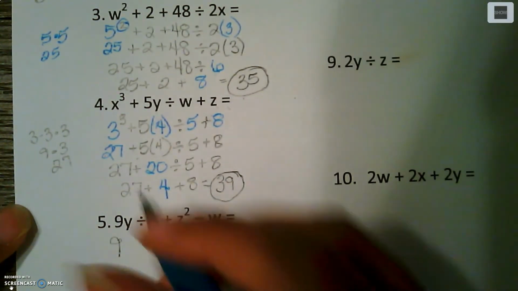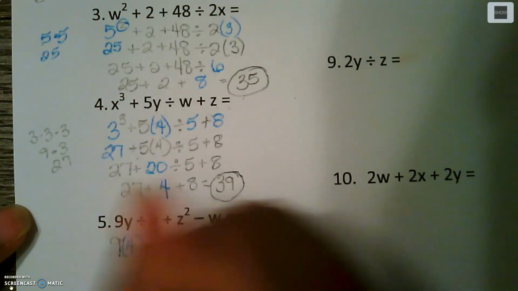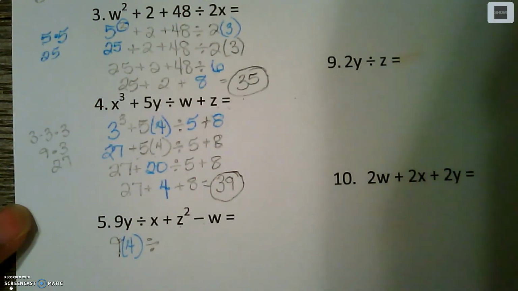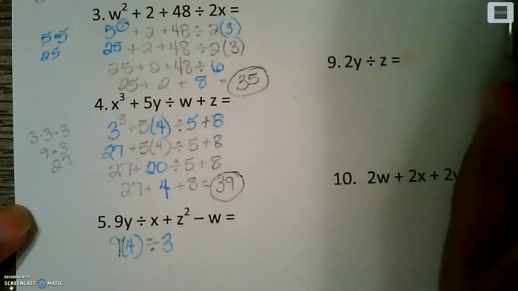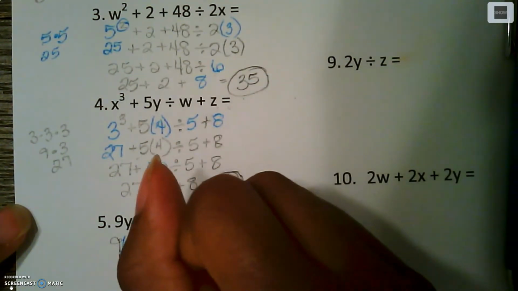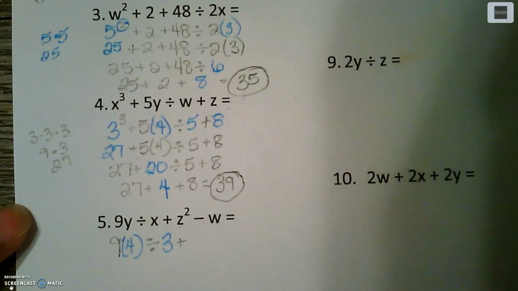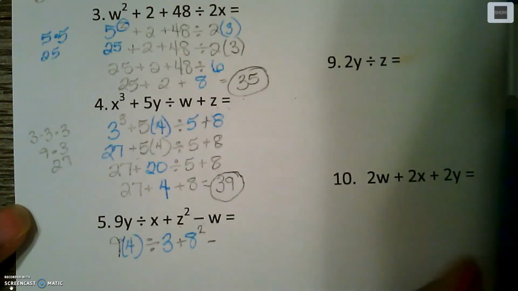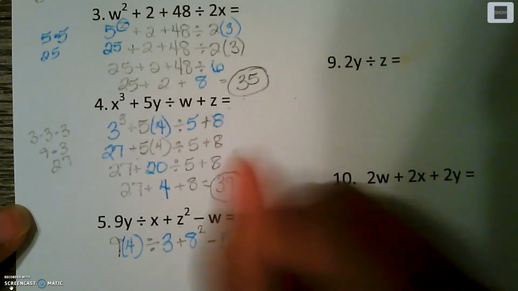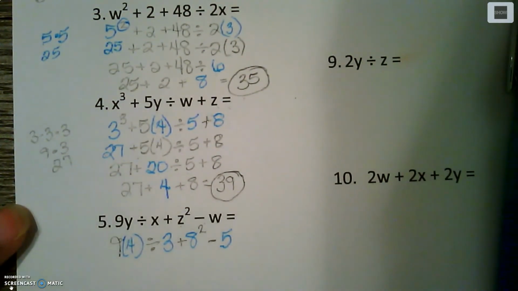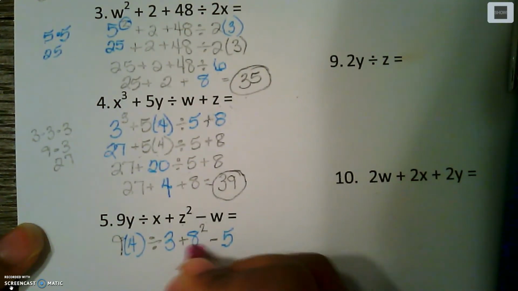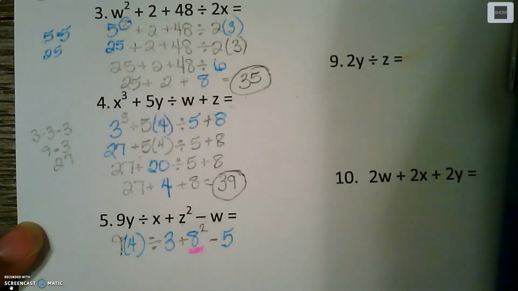So we have 9 times y, which is 4, divided by x, which equals 3, plus z squared, z equals 8 to the second power, minus w, which equals 5. I'm going to do my exponent first here.